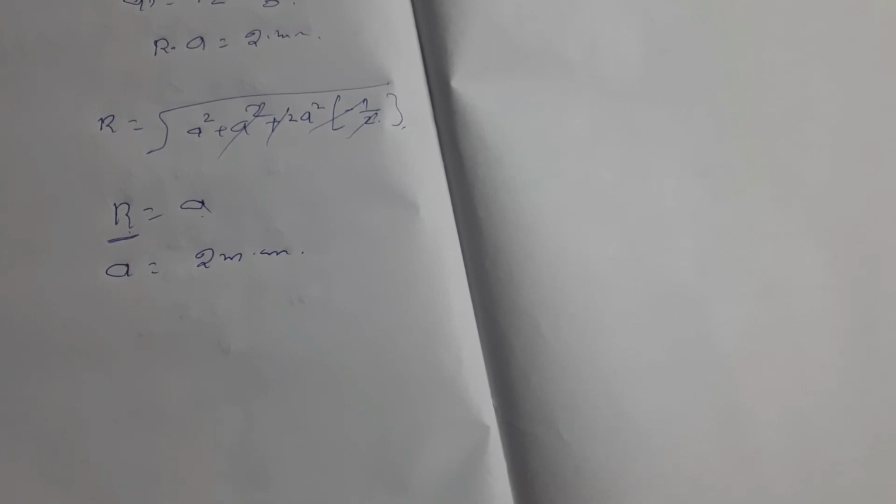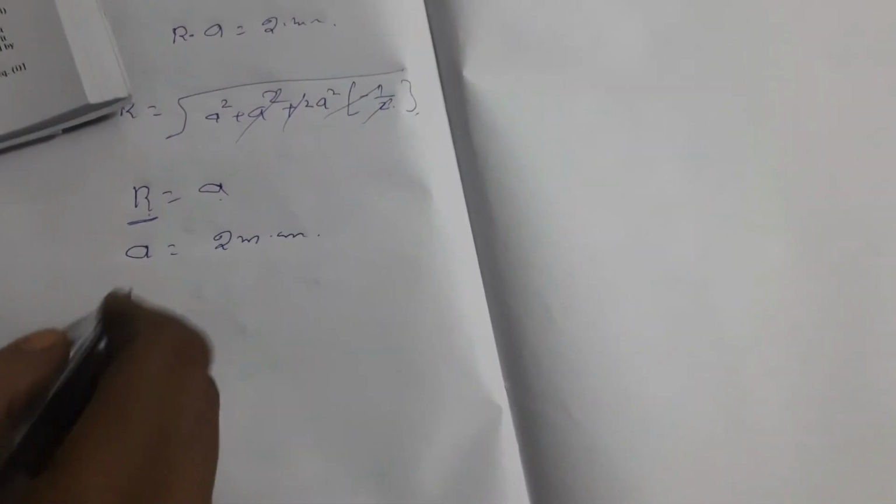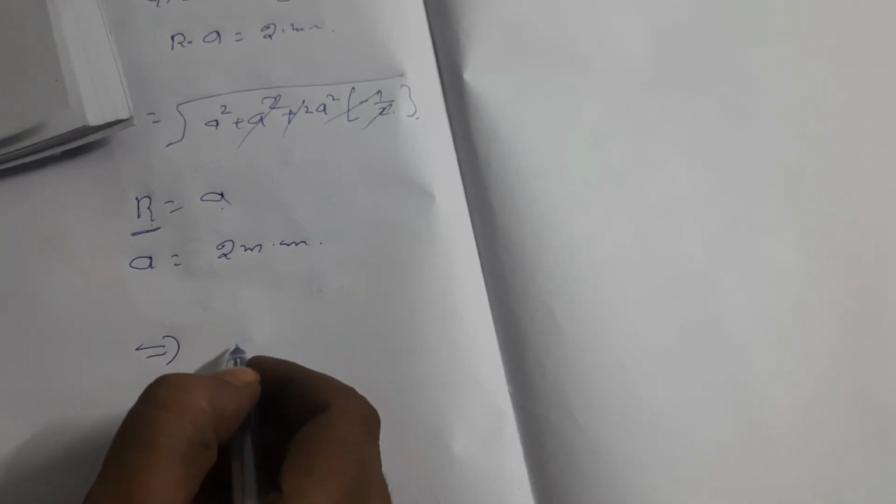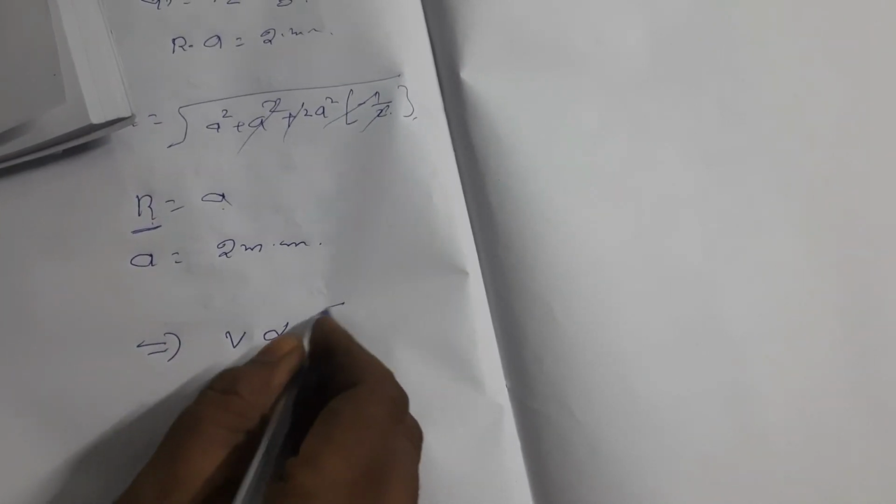Then our next question is, see, the speed of the sound wave. The speed of the sound wave is V at a temperature T. Then what happens when the temperature is increased to 2 times? Then what is the velocity? What is the relation between velocity and absolute temperature? V is directly proportional to the square root of absolute temperature.